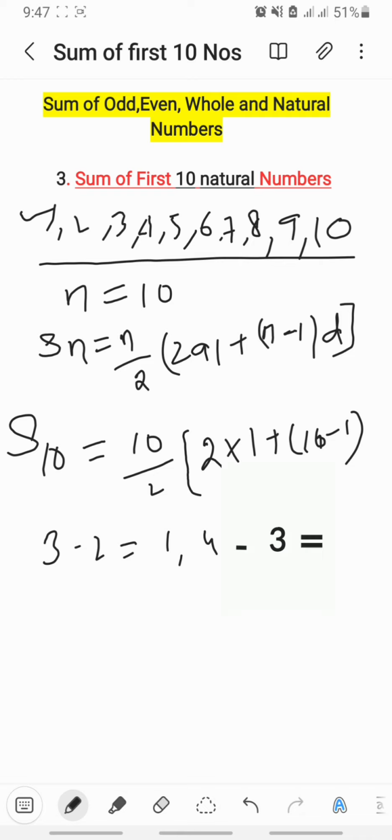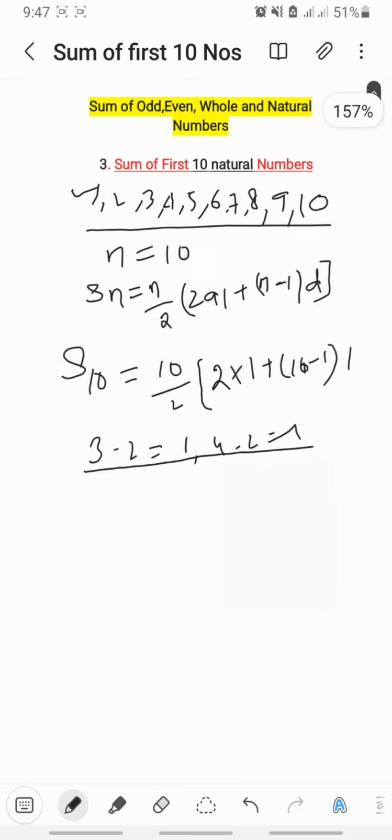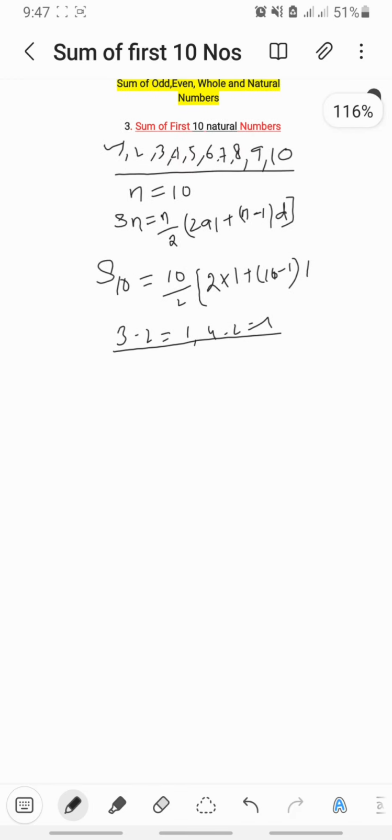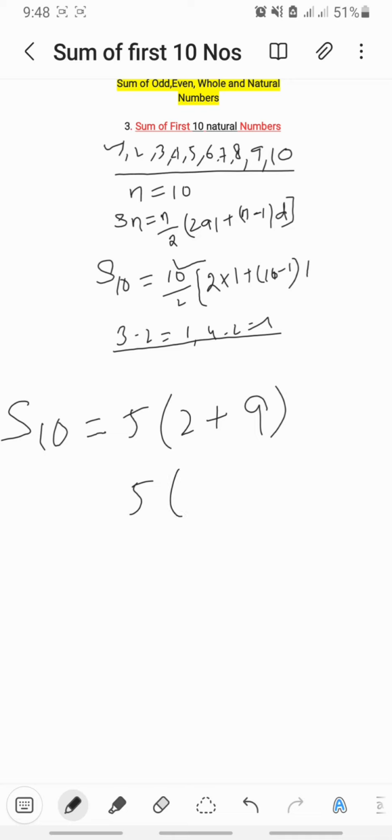This means the difference is 1. So S10 will be 10 upon 2, which is 5, into 2 plus 9. So 5 into 11, and this becomes 55.